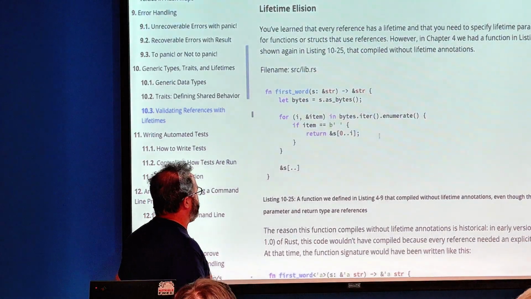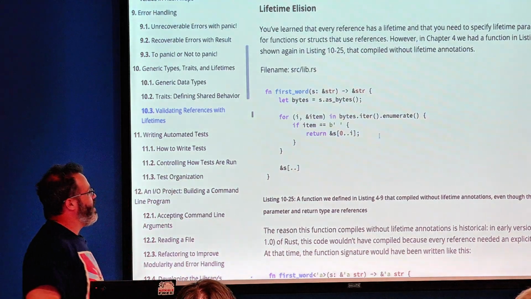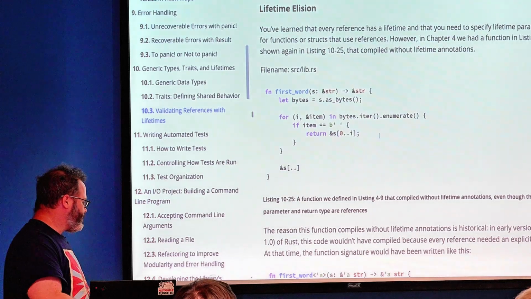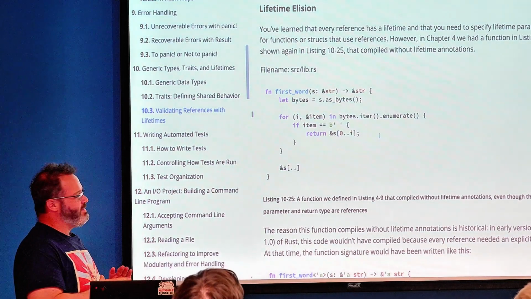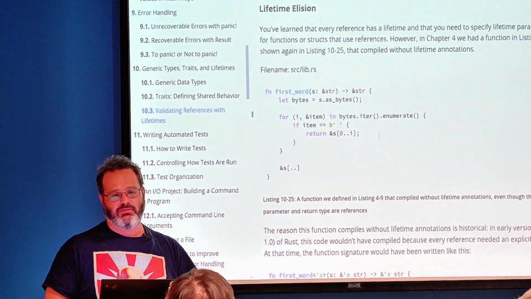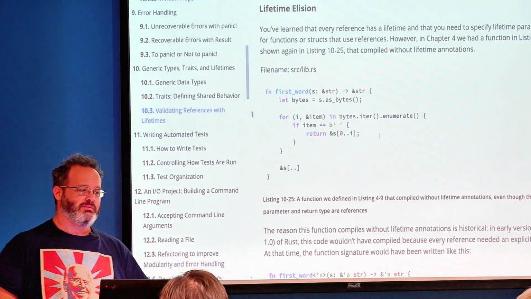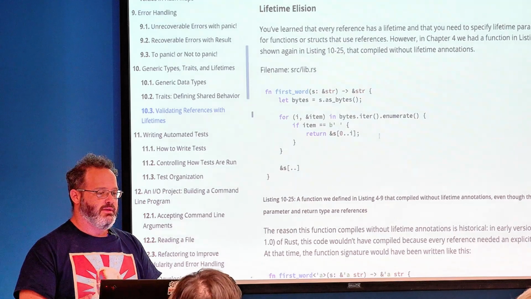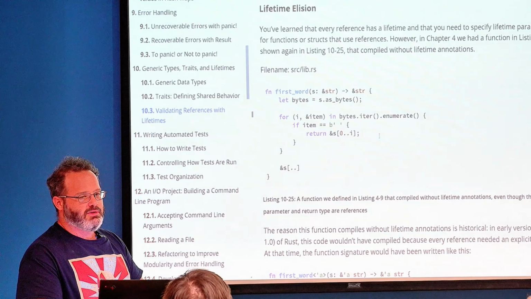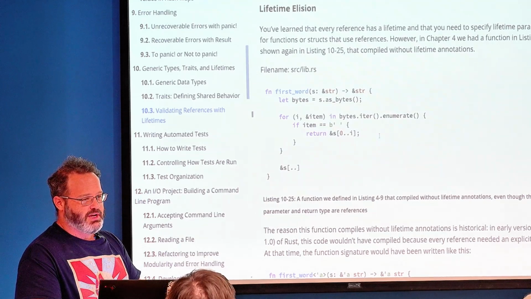This is the part where we get into talking about why we never had to bother with this stuff before. We have talked about references since the first day of class, and we never had to bother with any of this. The question should be, why are we just now seeing it? And this is what I will say. This is very complex. You're just now getting introduced to it. We're on the 10th chapter.